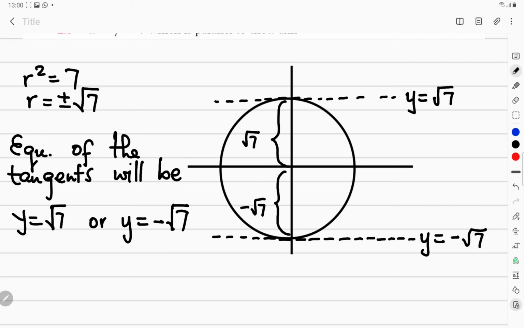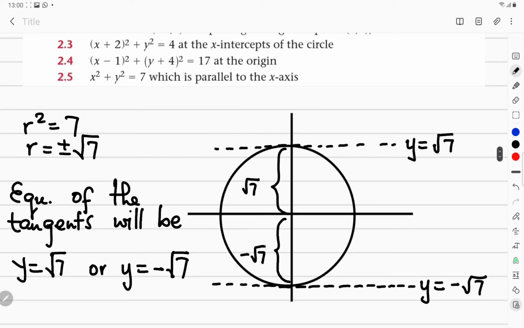And that was so easy and very nice, guys. I believe you would have understood that, because they said the equations should be parallel to the x-axis.